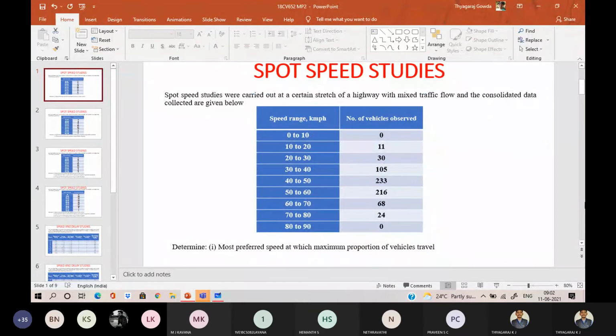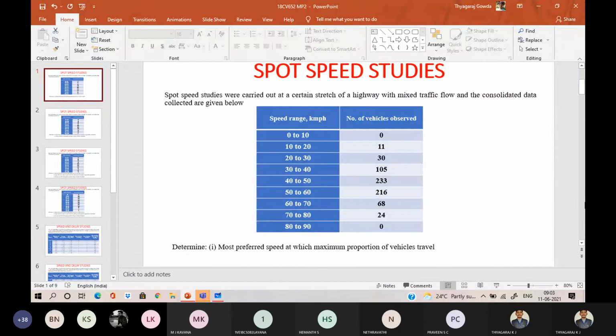So kindly note down. Spot speed studies were carried out at a certain stretch of highway with a mixed traffic flow, and the consolidated data collected are given below. As we all know, using the gyroscopic method or the short run or long run method, that is a direct timing procedure, we have come up with some data, which is of mixed traffic flow.